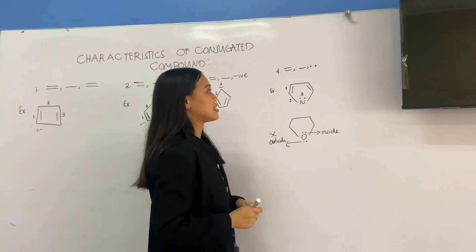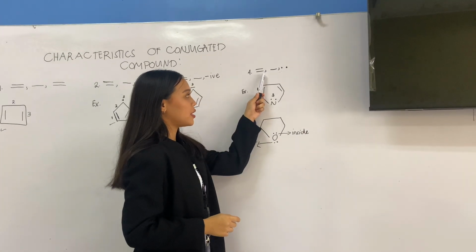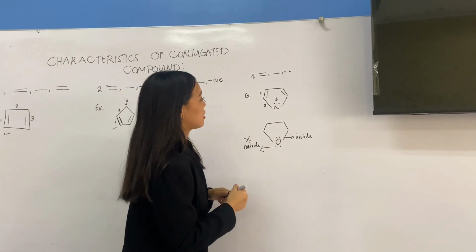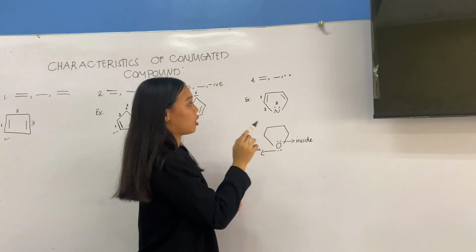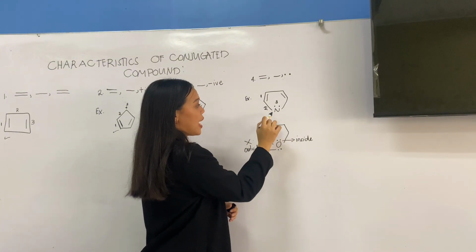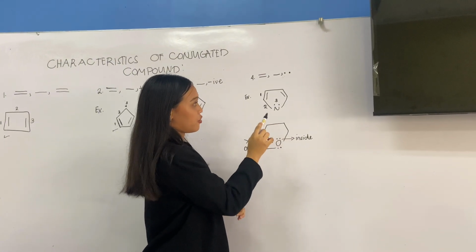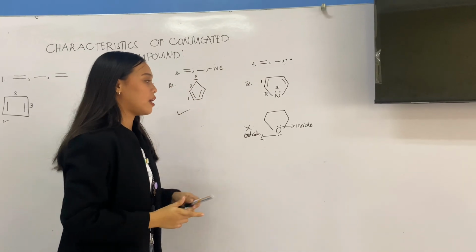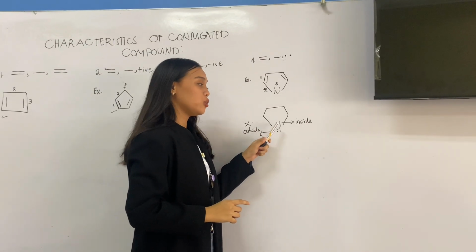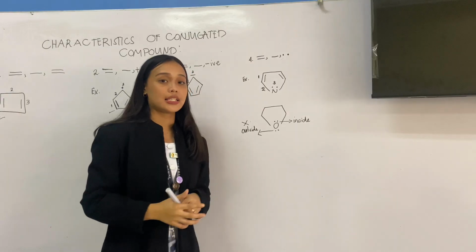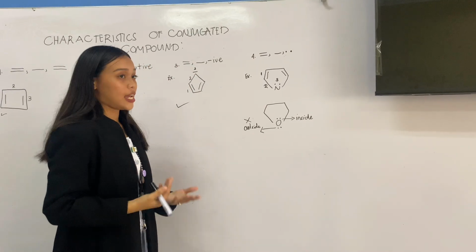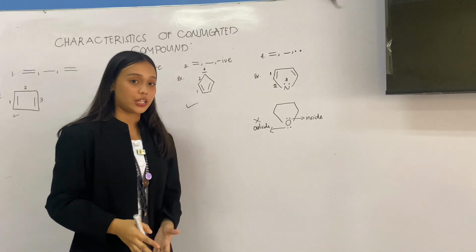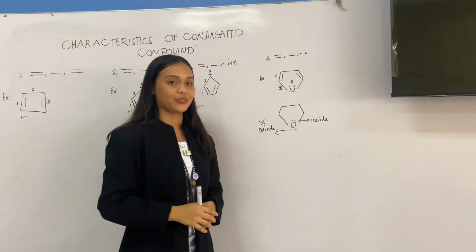Next, we have a double bond, single bond, and lone pair. In the example, the first has a double bond, the second has a single bond, and the third has a lone pair. So remember, if the lone pair is on the inside, it is considered conjugated. But if it is on the outside, it is not considered conjugated.